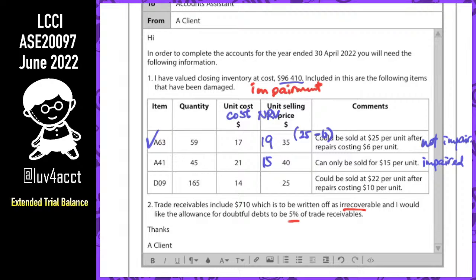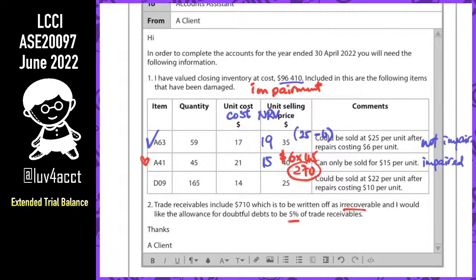The impairment is $6 per unit multiplied by 45, so the impairment loss is 270 here. So impaired, this one.